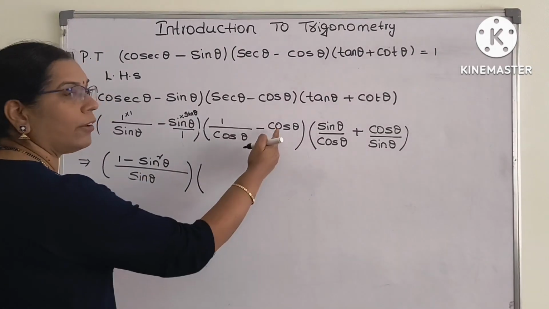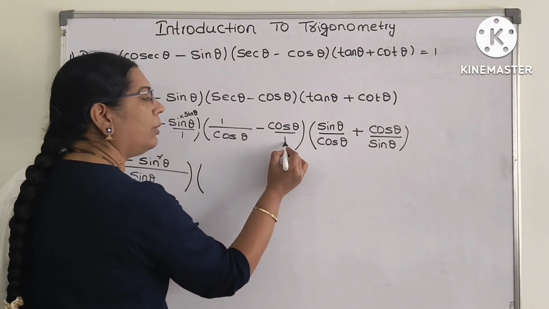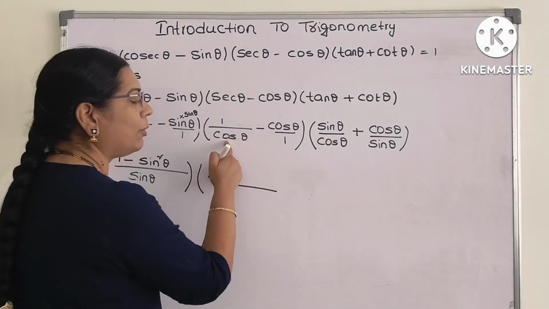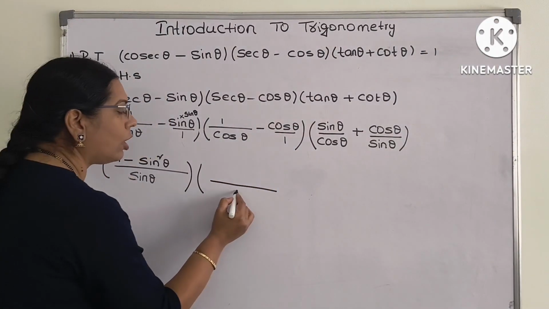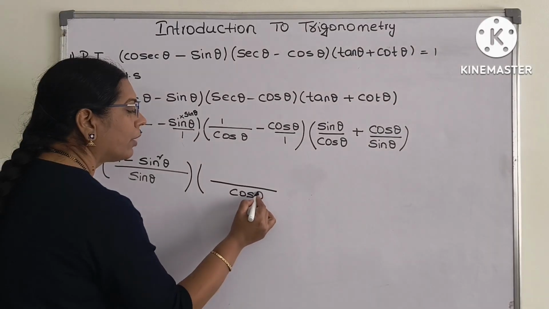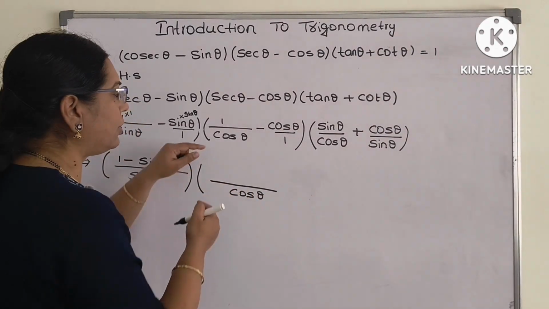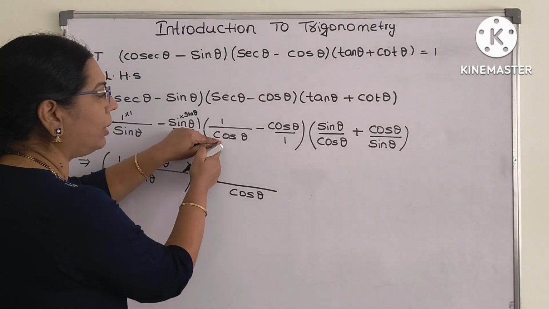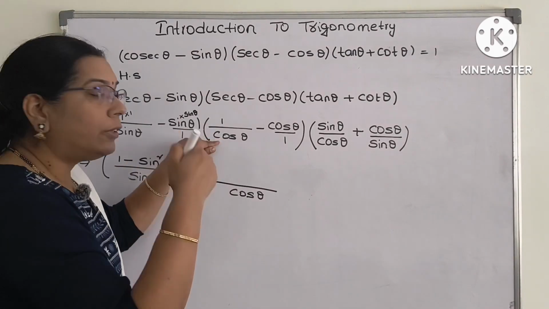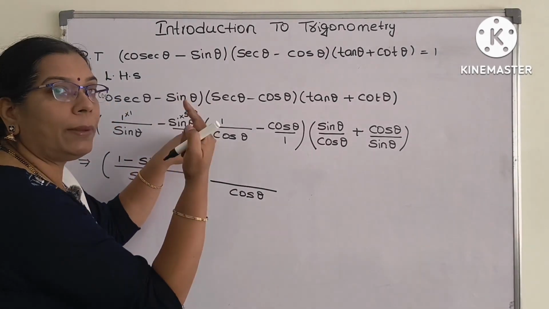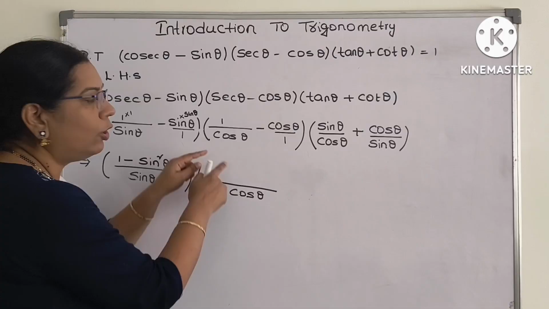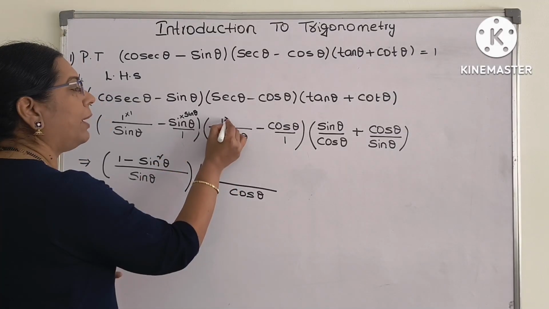Repeat the same process here. Cos theta, which means the denominator is 1. Then the LCM of cos theta and 1 is cos theta. Now, repeat the whole process again, children. Whatever is the denominator, take the denominator. This denominator should be multiplied by what to get cos theta? Both are same, so it should be multiplied with 1.